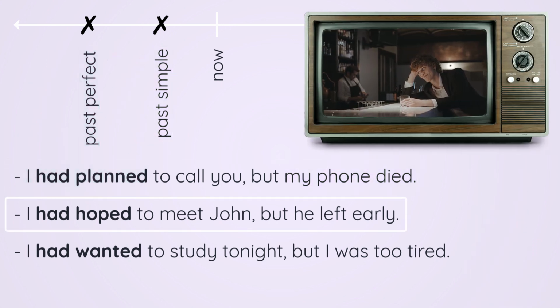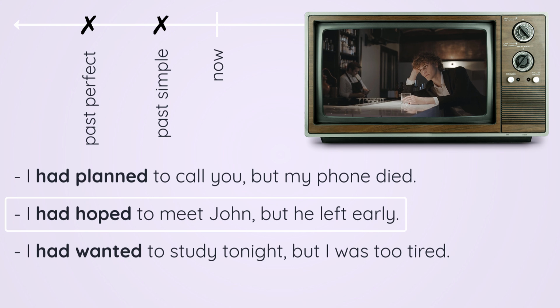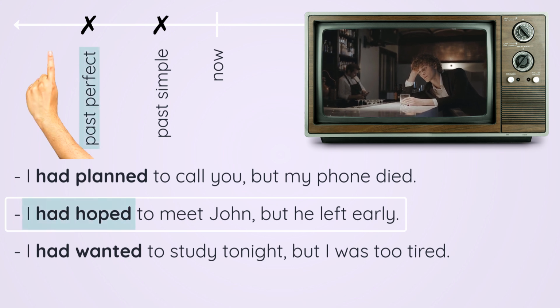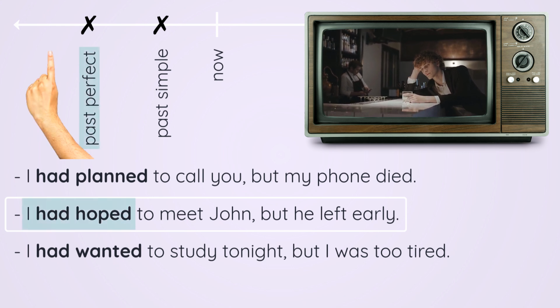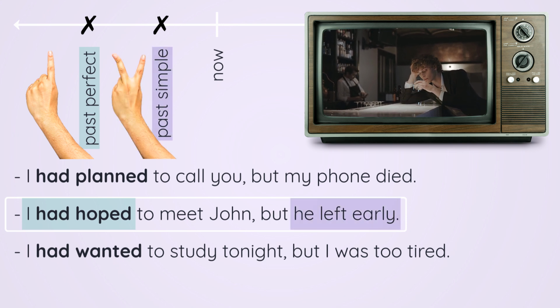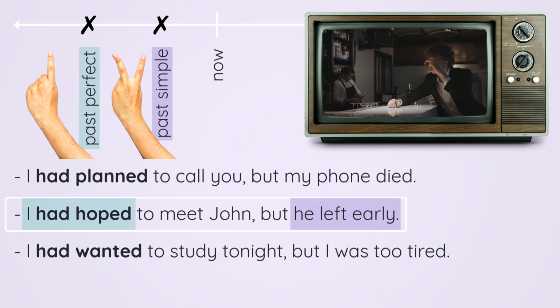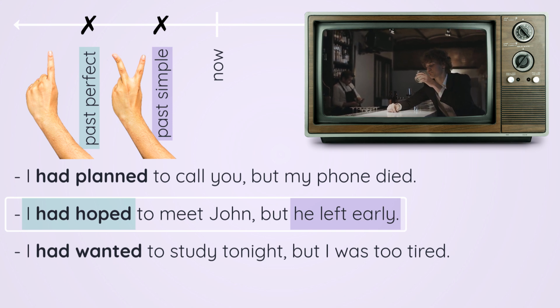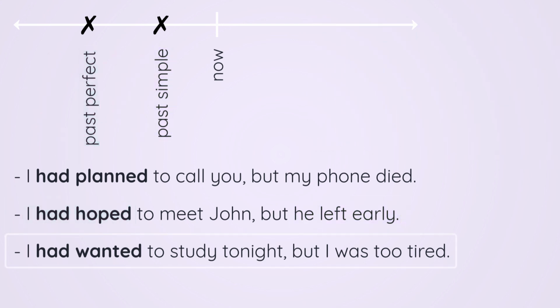I had hoped to meet John, but he left early. So, where's the past perfect here? I had hoped. I had hoped to meet John, but he left early. Left is a past simple. So in this kind of construction, we are using past perfect and then past simple. Okay? Next.